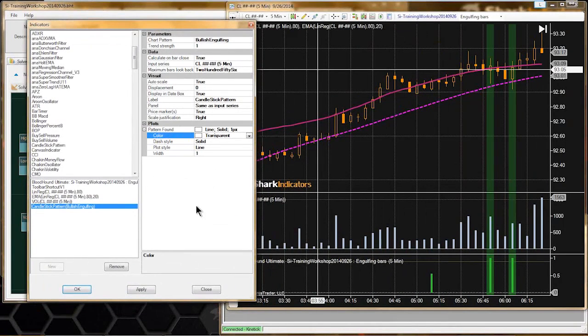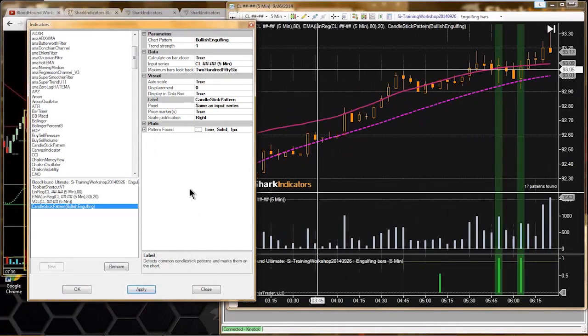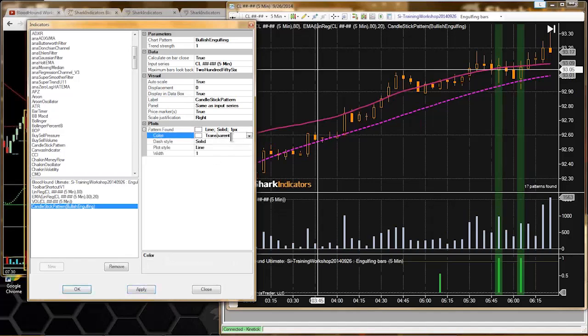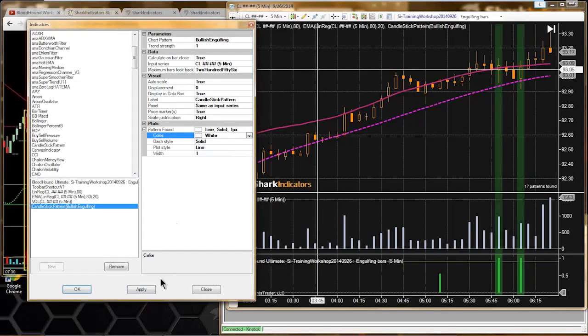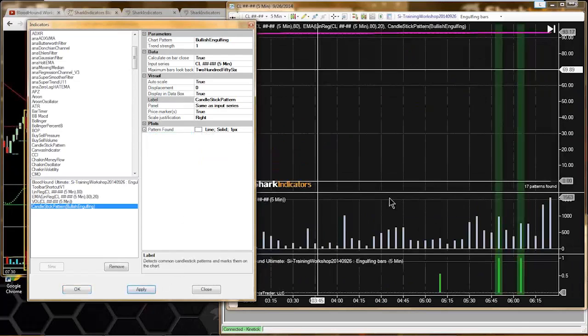So let's take a look. If we apply this, and if I set this color to white and hit apply, you notice how price just disappears.